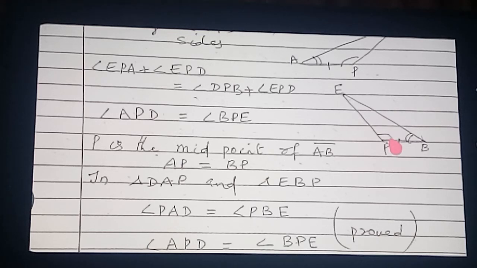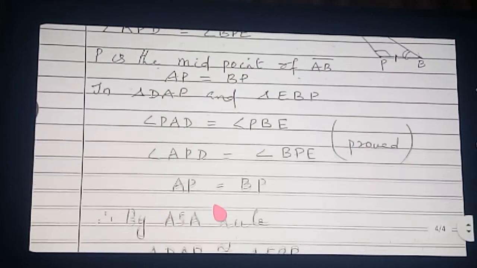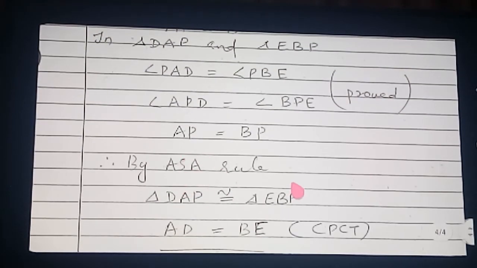AP and PB are the common side. Therefore, which theorem, which result will you apply here? Angle side angle. Which rule? ASA congruence rule. Therefore, by ASA congruence rule, what can you say? Triangle DAP is congruent to triangle EBP.